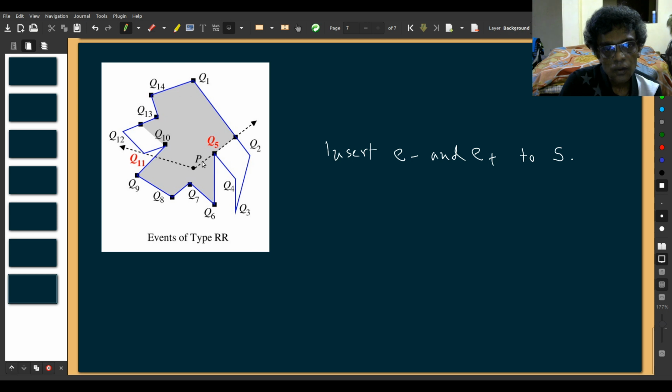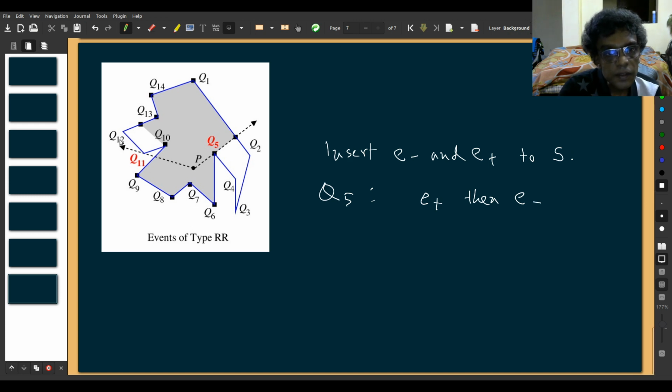plus. Sorry, this is E plus. For Q5, E plus and then E minus.